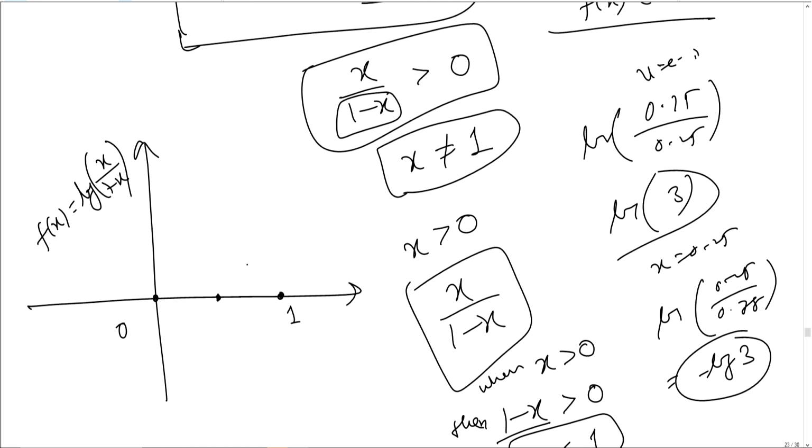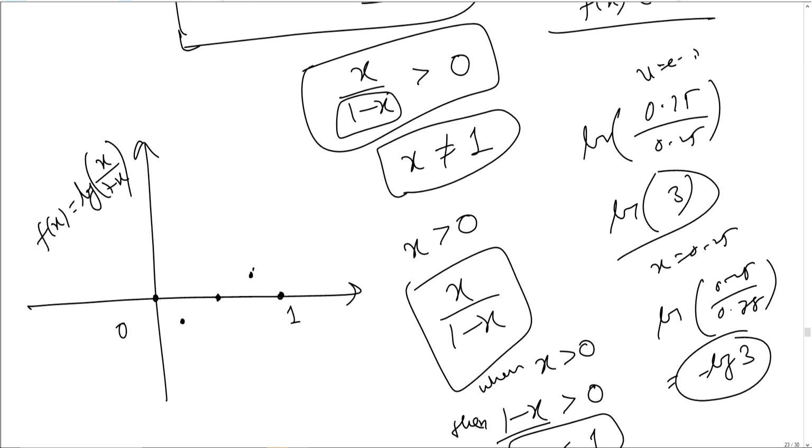So, at x equals 0.75, the value of y is somewhere here, and at x equals 0.25, the value of y is negative and somewhere here, like this. Maybe not as bad, something like this.